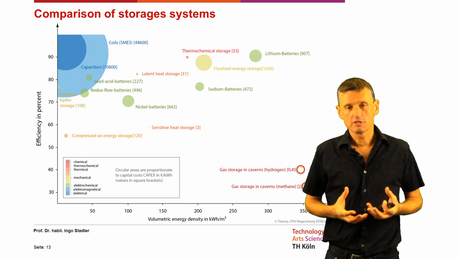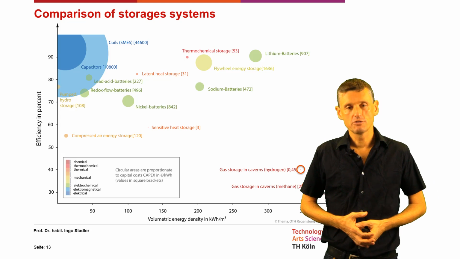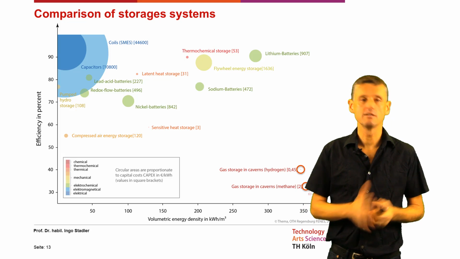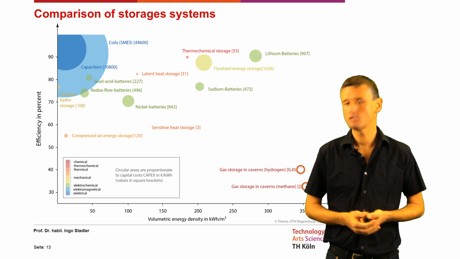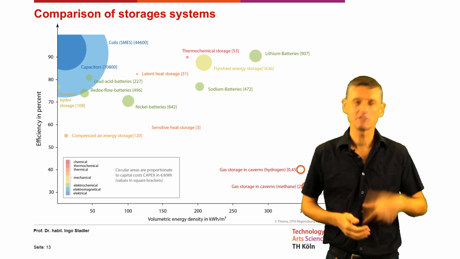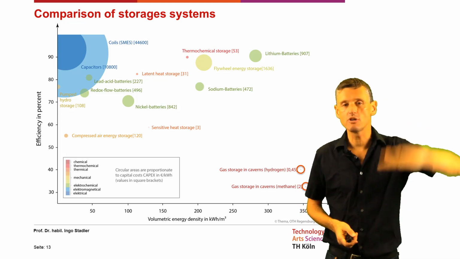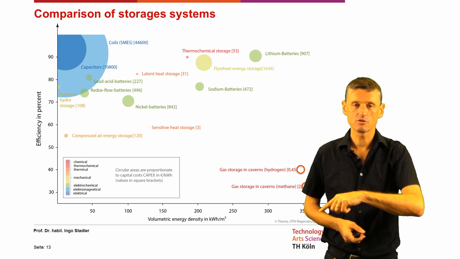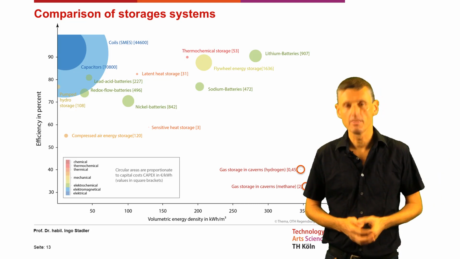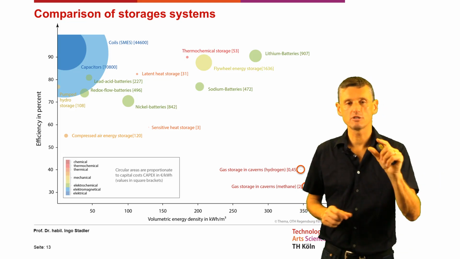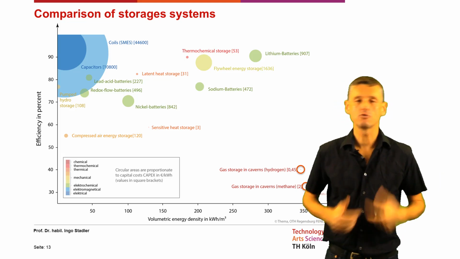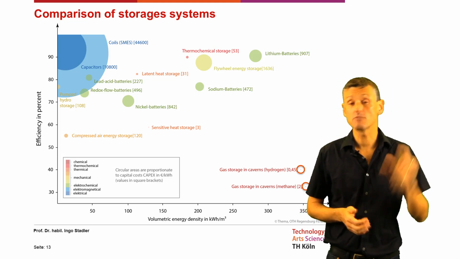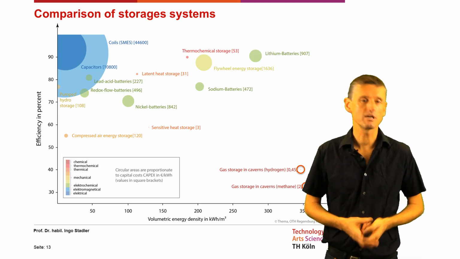Here the dots are even smaller than with the heat storage, and they have a big advantage, the enormous volumetric energy density, but they have the very big disadvantage of very low efficiency when going from electricity via gas storage to electricity back again. And to be honest, the small dots only cover the storage, but the conversion technology for electrolysis and methanization is quite expensive, which is not taken into account in this graph.